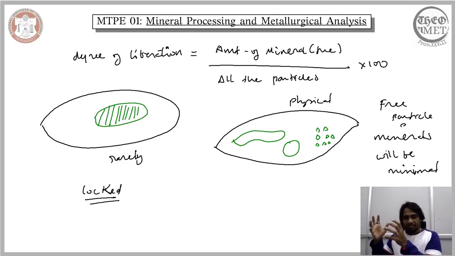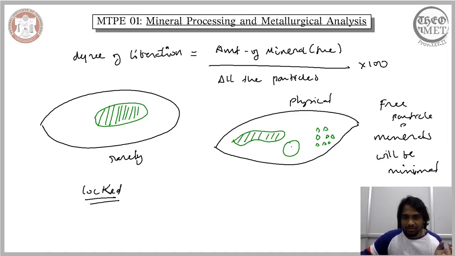However, the distribution of our desired mineral within a physically observed mineral particle is something of this sort. It is not confined like this. It is not available at a specific location.